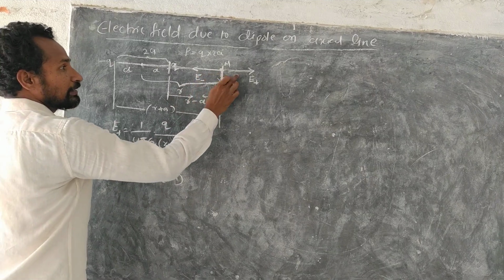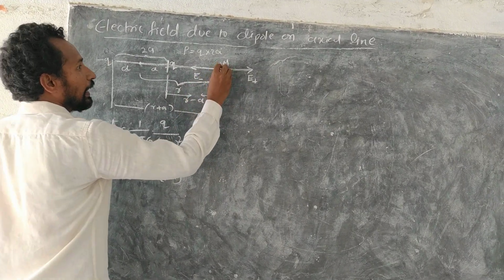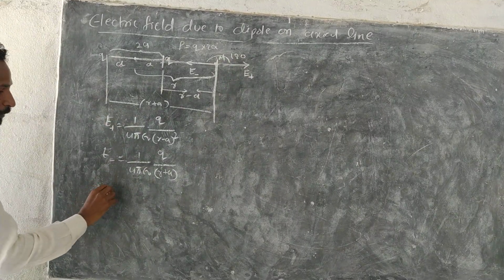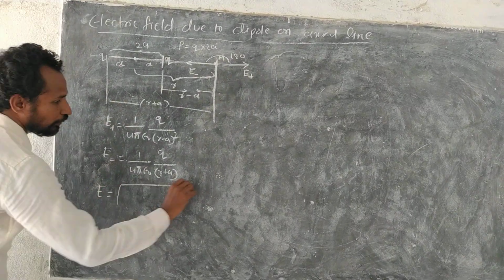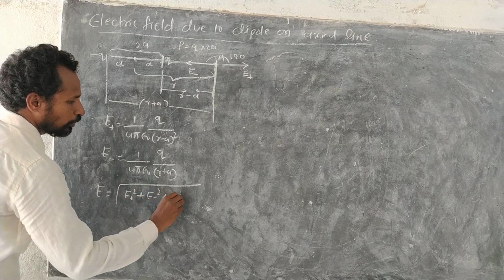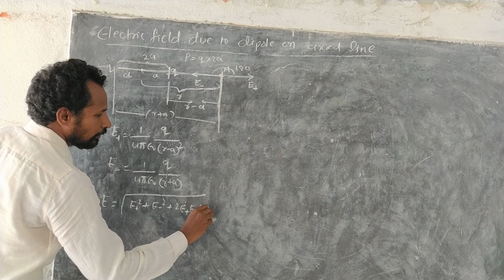Now we need to find the net resultant of E plus and E minus. The angle between E plus and E minus is 180. The resultant at M, the net field at M, is the square root of E plus square plus E minus square plus 2 E plus E minus cos theta.